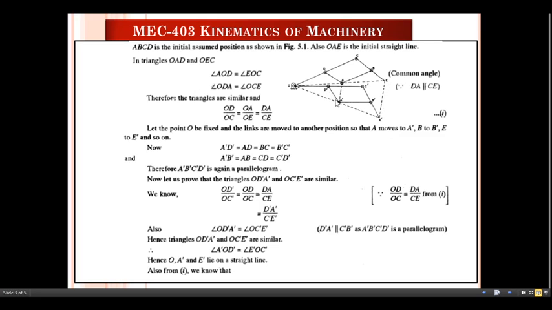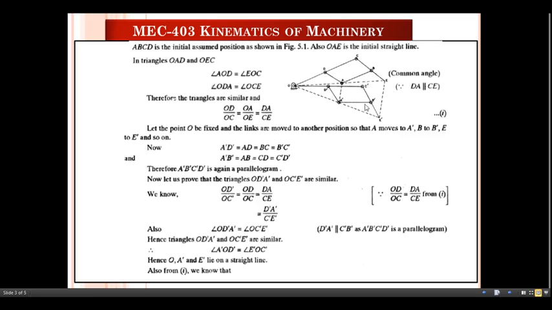Now AD must equal A dash D dash, BC equals C dash D dash, and C dash B dash equals CB. In this way, I can get the relation.